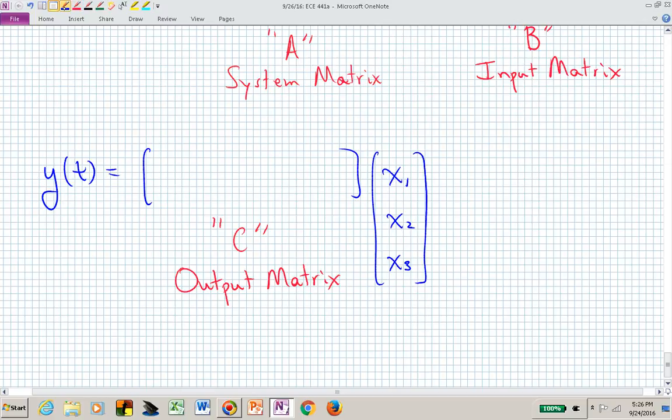We have our direct feed through matrix D, and that also needs to be 1 row tall and 1 column wide. This is now our D matrix, or the direct feed through matrix.